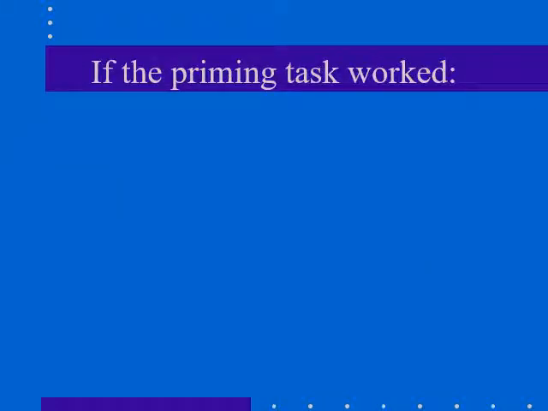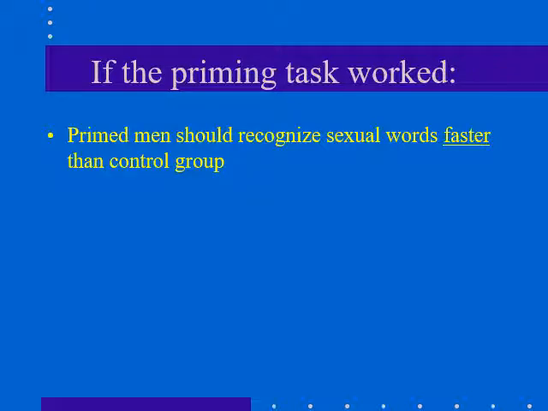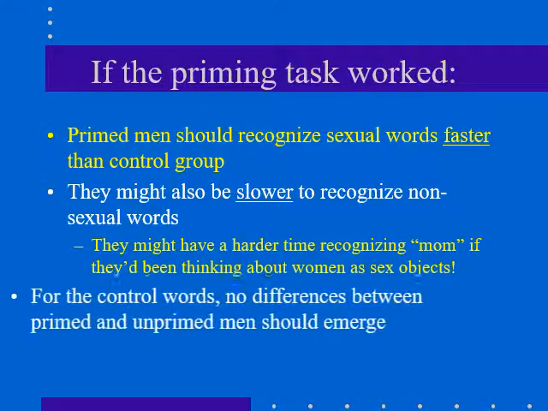If the priming task worked, that is, if the sexual ads work, then primed men should recognize sexual words faster compared with the control group who did not see a bunch of scantily clad women. And also primed men should be slower to recognize non-sexual words. That is, they might have a harder time recognizing mom if they'd been thinking about women as babes and bimbos.